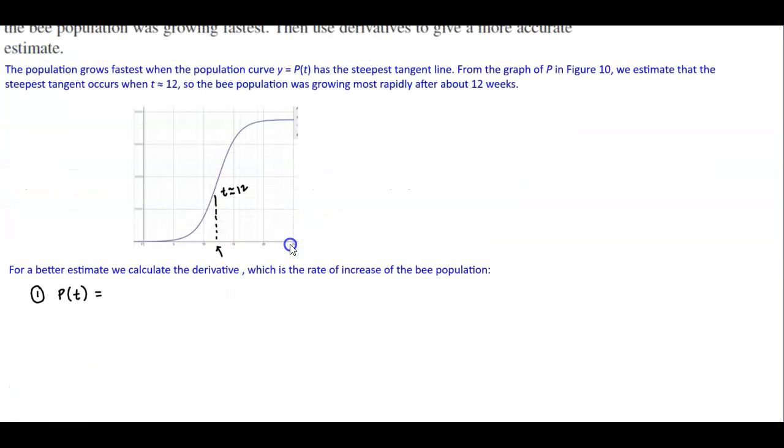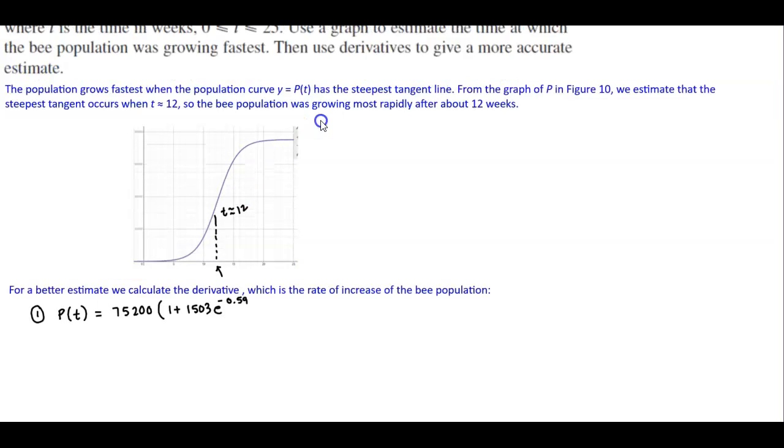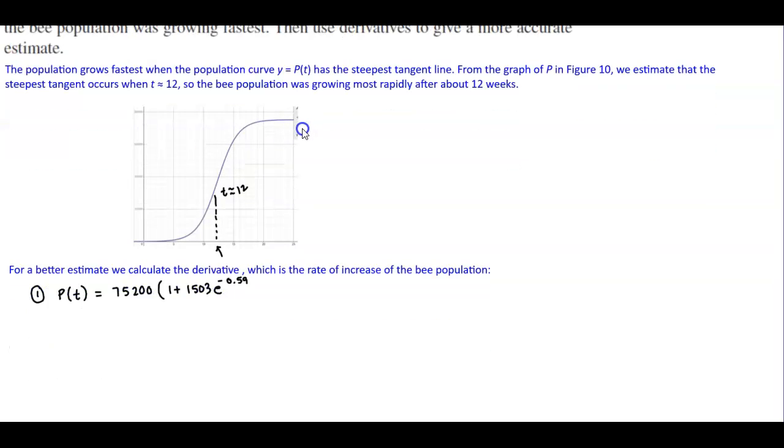So p of t is going to equal 75,200 times 1 plus 1503 e to the negative 0.5932t, and raise that to the negative 1 power.